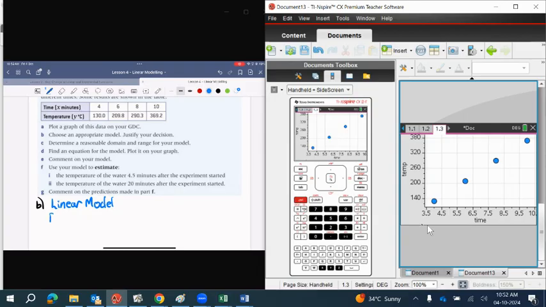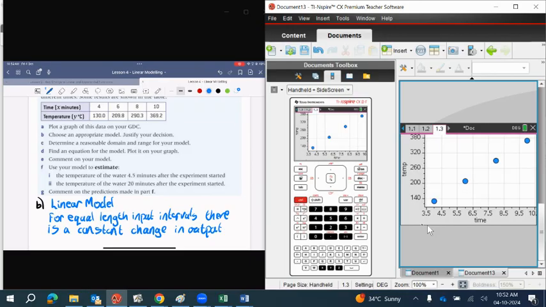So for equal length input intervals, there is a constant change in output. And this is the reason for choosing a linear model.